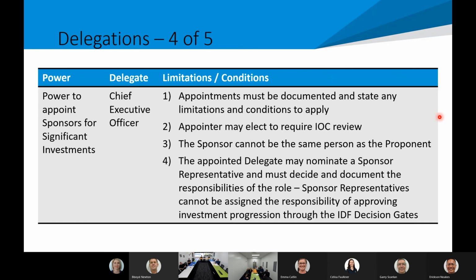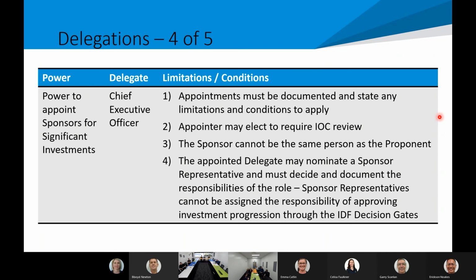So the fourth delegation is power to appoint sponsors for significant investments. So we know the sponsor is the decision maker, and we now have to appoint a sponsor. The delegate is the CEO. So for any of those significant investments, the CEO will appoint the sponsor. Appointments must be documented, and we're using IPP to capture that documentation.